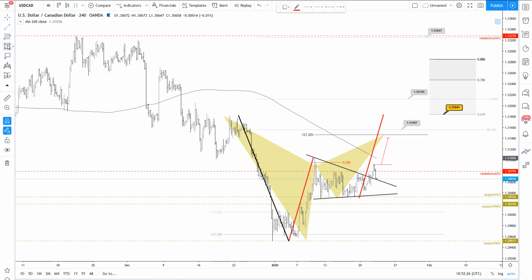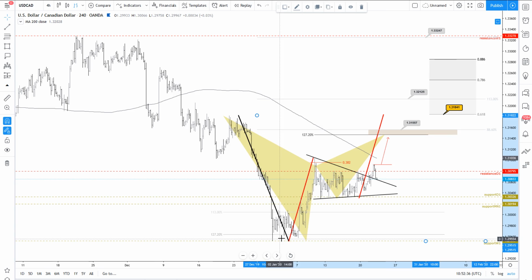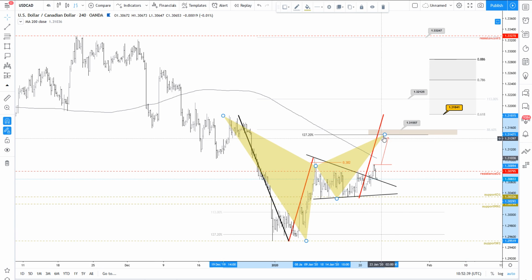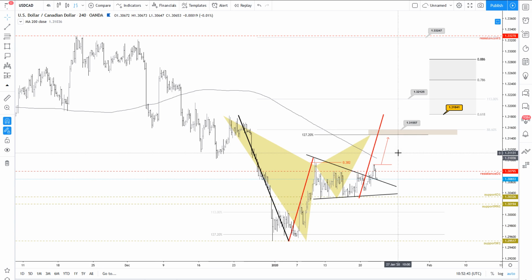So there's a box that may offer some pressure with limits at 131.55. So this is the 88% fib from this structure highs to these lows. And that being said, that may offer some pressure there.